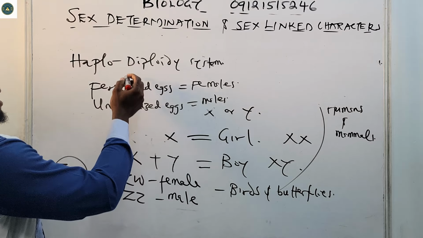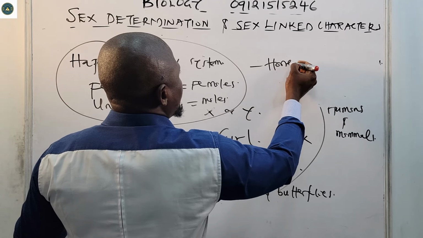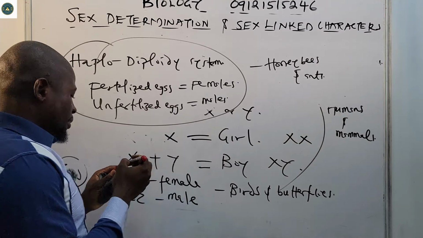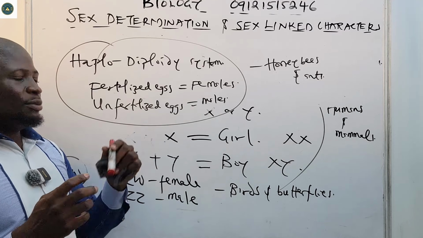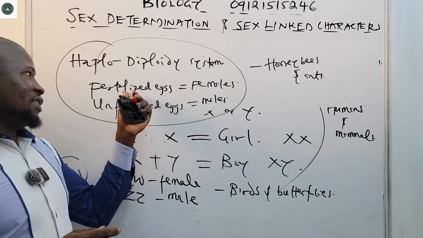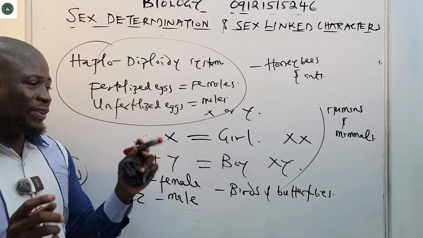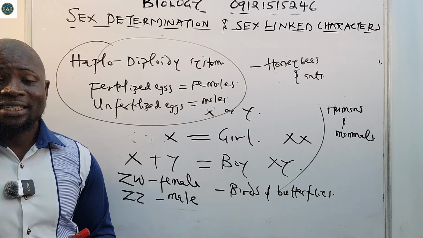You see this in honeybees and ants. If it's formed from a fertilized egg, a female will be formed. If formed from an unfertilized egg, a male will be formed.